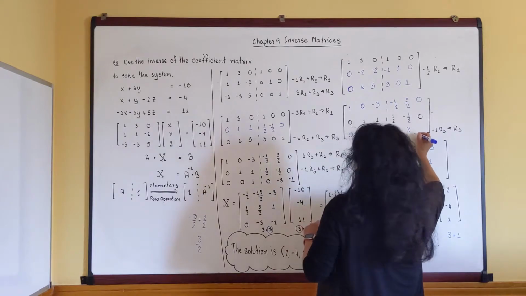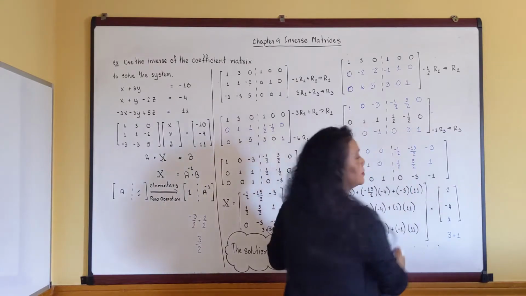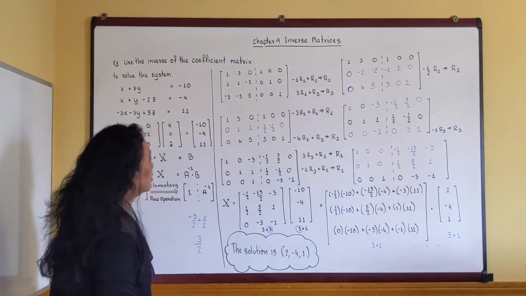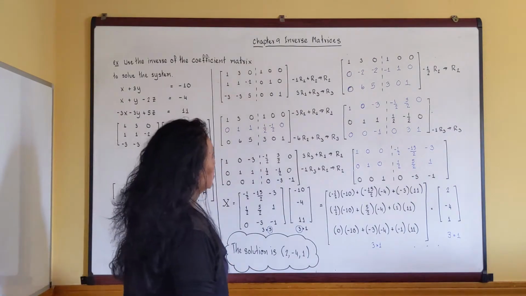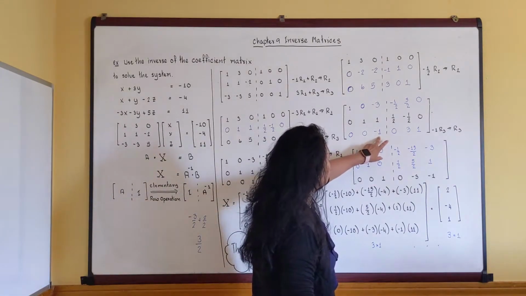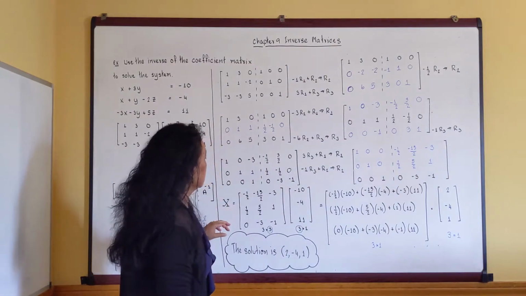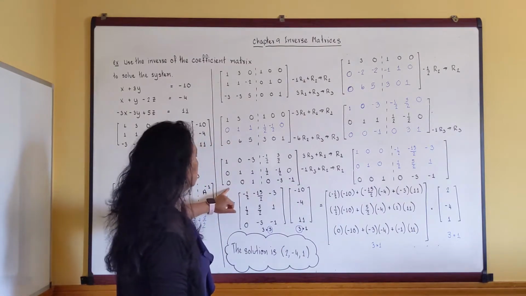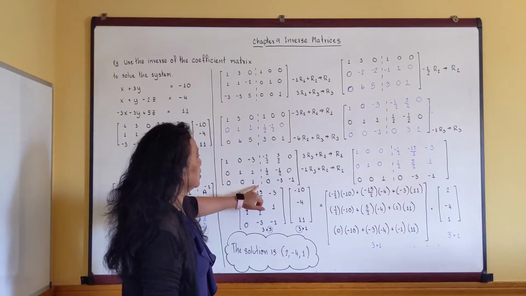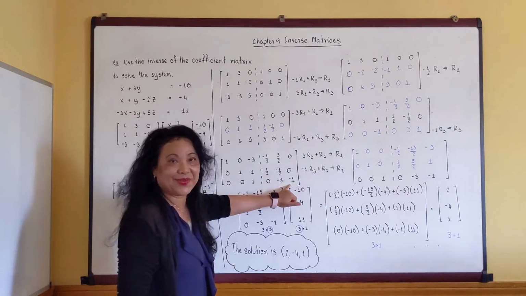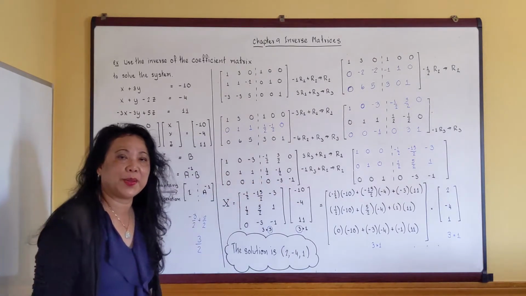And then 1. Alright. Next step I'm going to do, I want to get 1 here. Since I want to get 1 here, I will multiply the third row by negative 1. So I will have 0, 0, 1, 0, negative 3, negative 1. Everything else remains the same.